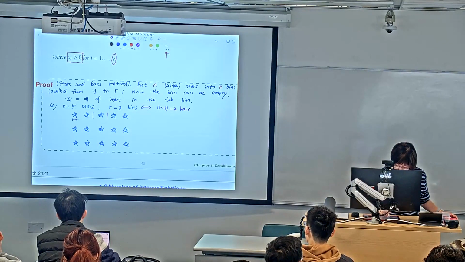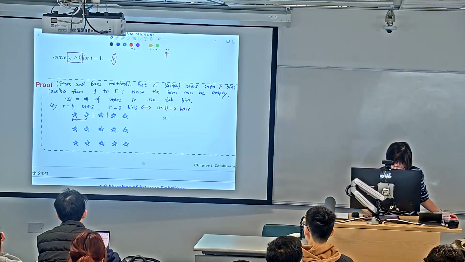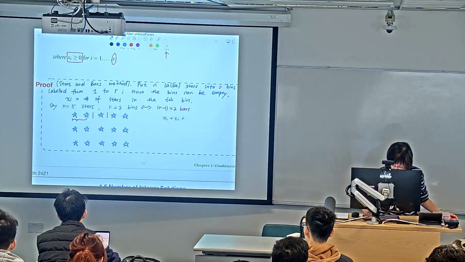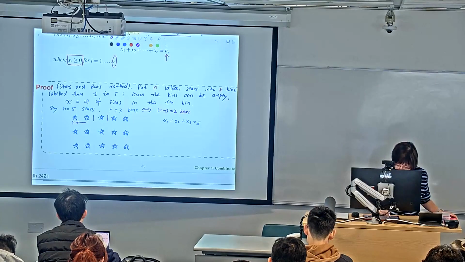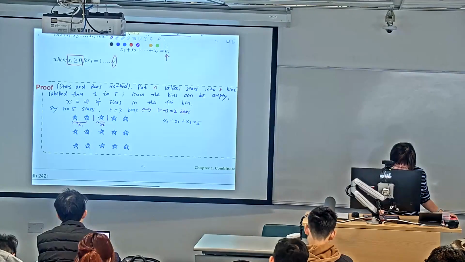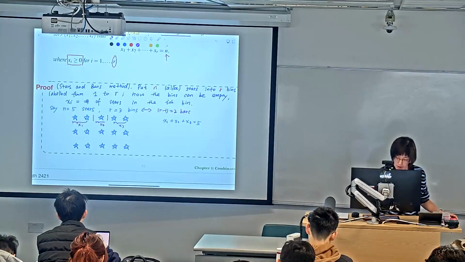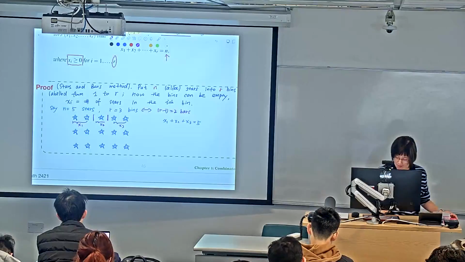This means, so the equation is x1 plus x2 plus x3 equals 5. So here, if you place a bar in the first configuration, x1 equals 2, x2 equals 1, and x3 equals 2. And now the bins can be empty.